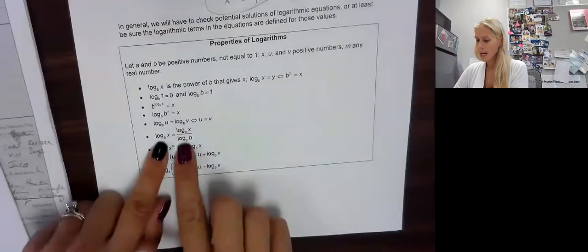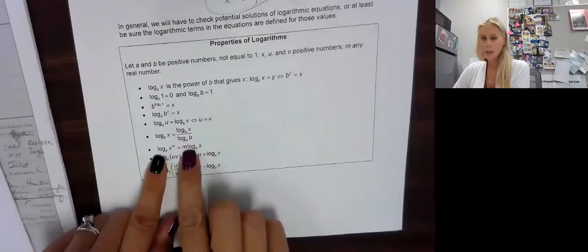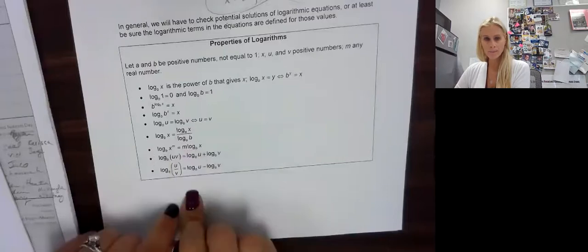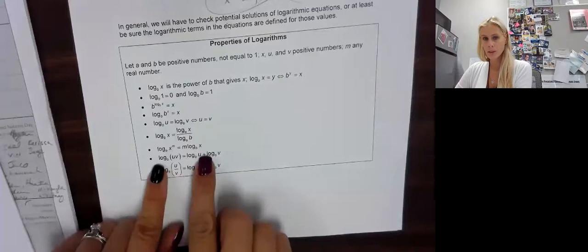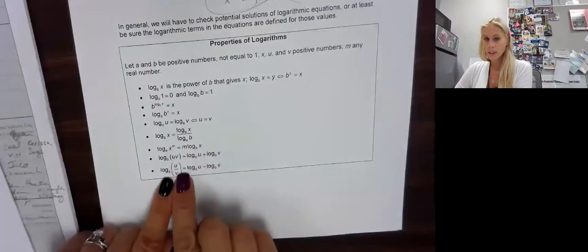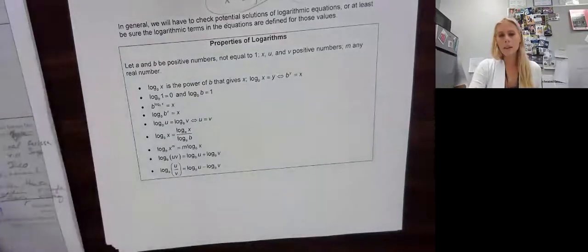We know how to change our bases so that way we can use our calculator. We know that the exponent goes in front as a coefficient. And we know that multiplication to expand it goes to addition. Division to expand it goes to subtraction. All right, let's do some practice.